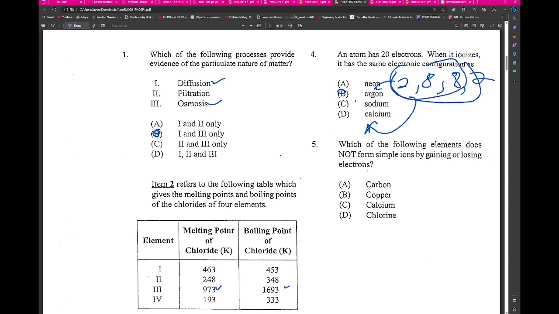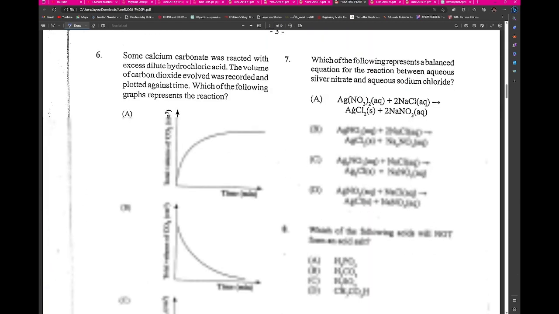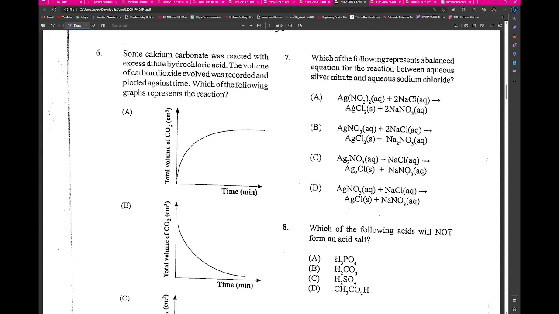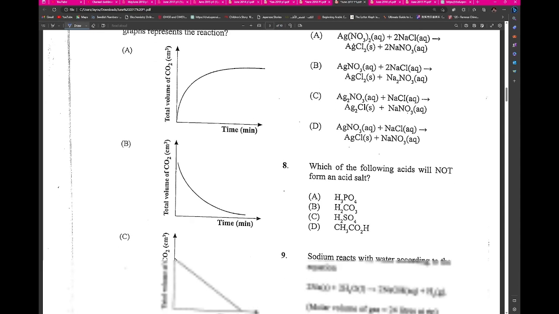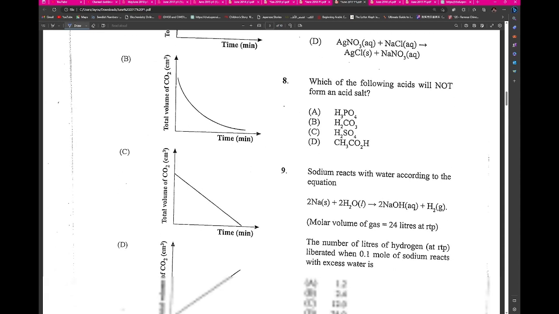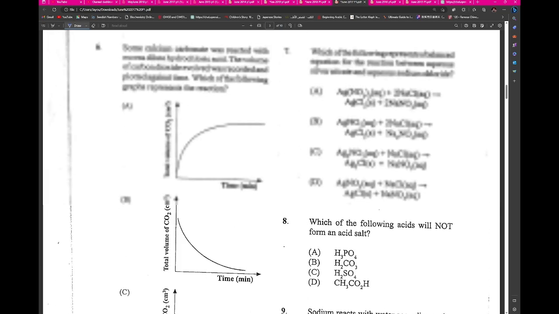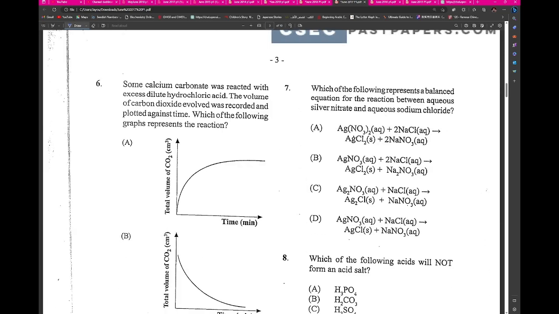Which of the following elements does not form simple ions by gaining or losing electrons? This would be carbon. So some calcium carbonate was reacted with excess dilute hydrochloric acid. The volume of carbon dioxide evolved is recorded and plotted against time. Which of the following graphs represents the reaction? So we're looking at the total volume of carbon dioxide.